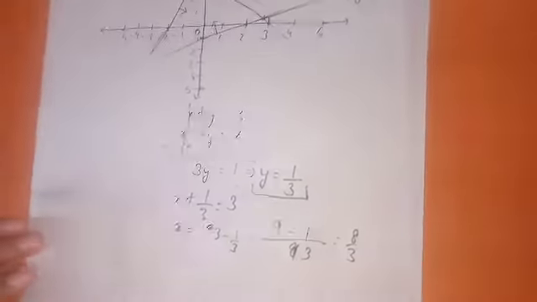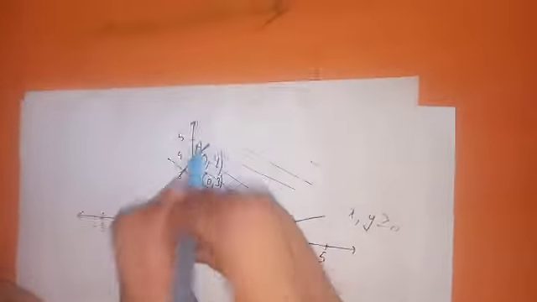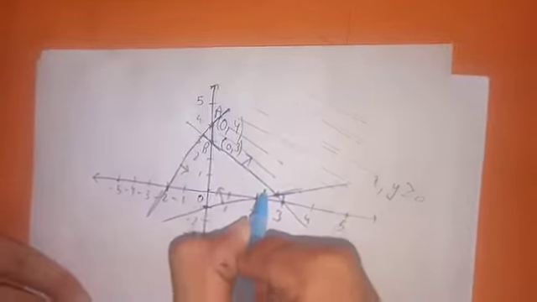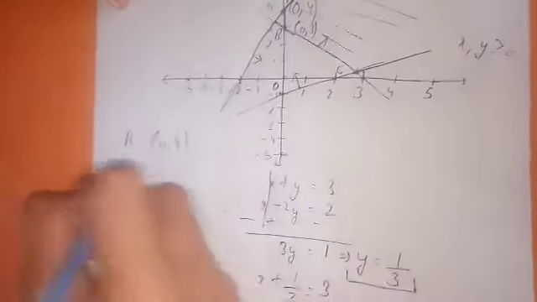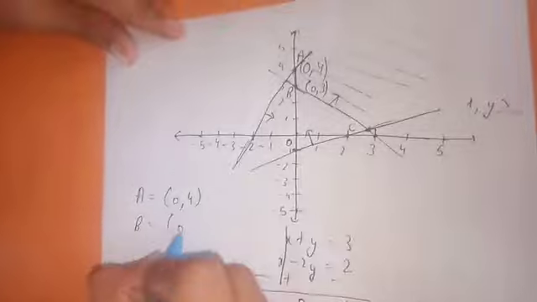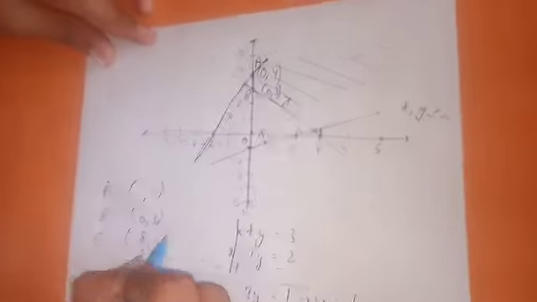Now I can name these points. Okay, suppose it is A, it is B, and it is C. Okay, so coordinates of A are 0 4, for B are 0 3, and C are 8 by 3, 1 by 3.